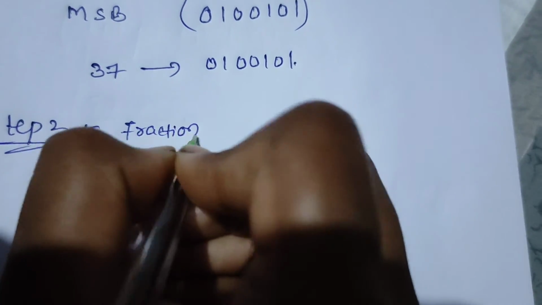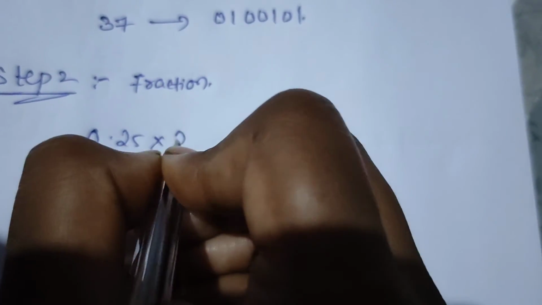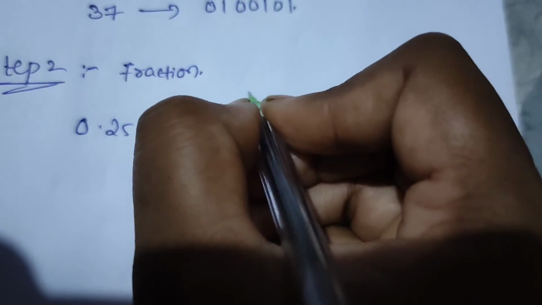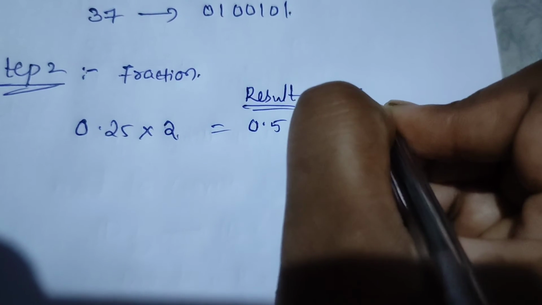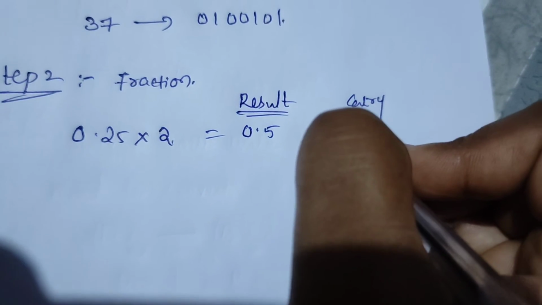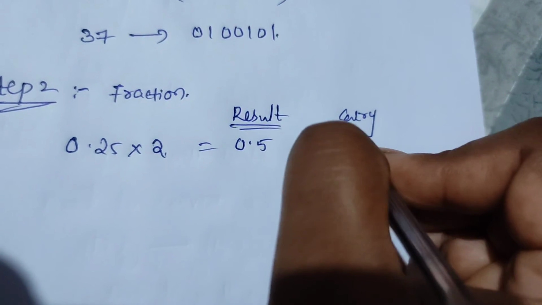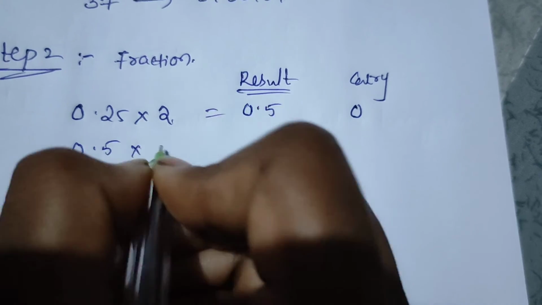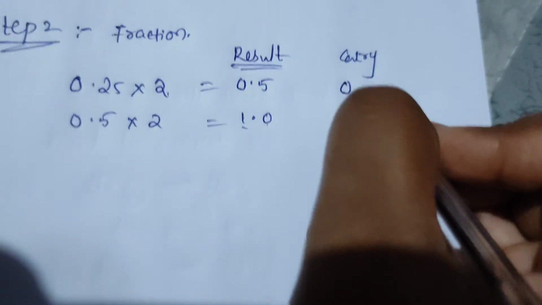Step 2, the fraction part is to be converted to its equivalent binary. So multiply the fraction part 0.25 with the base 2. You will get the result 0.5. So take down the carry before the decimal point, that is 0. Multiply 0.5 with 2, 1.0. 1 is the carry.